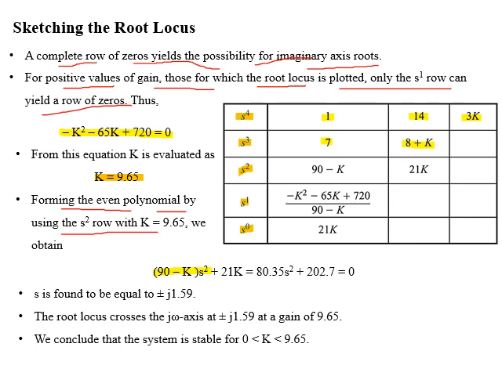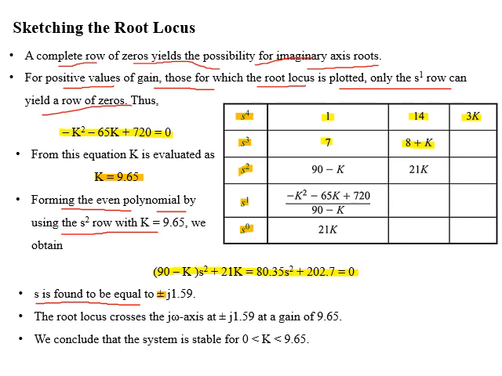The even polynomial will be 90 minus k s square plus 21k equals 0, or 80.35 s square plus 202.7 equals 0.